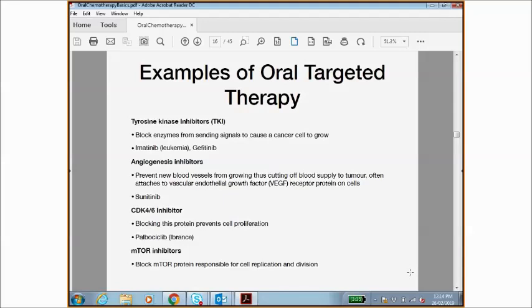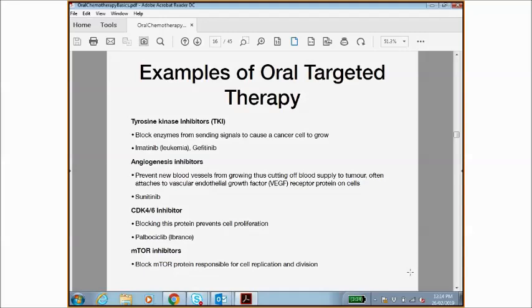So some examples of oral targeted therapy would be tyrosine kinase inhibitors. They block enzymes from sending signals to cause a cancer cell to grow. Imatinib would be an example of that. There's angiogenesis inhibitors, and they prevent new blood vessels from growing, so they cut off the blood supply to the tumor, and often attach to the vascular endothelial growth factor receptor protein on cells, so you'll hear about VEGF.